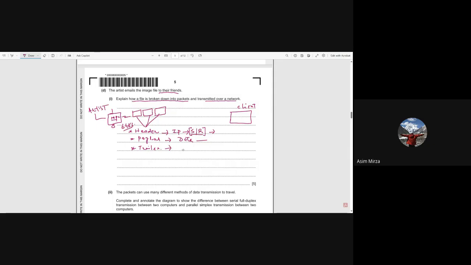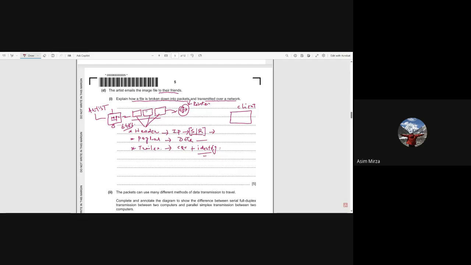For example, it has an error detection method called CRC, cyclic redundancy check, plus it identifies the end of the packet. Is that clear? Good. So these packets now transmit over different routers over the internet. So this sign is representing a router, right?